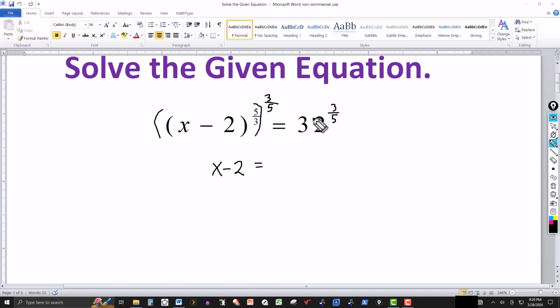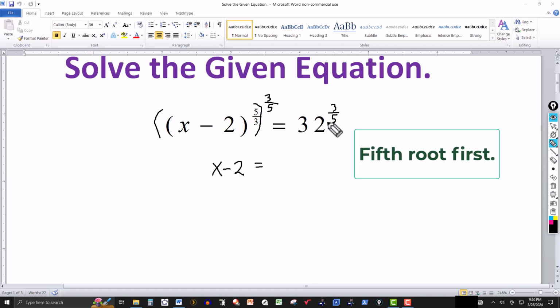Now on the right side we have a numerical base here. So we can use one of the methods I just went over. I can take the 5th root of 32 and then cube it. Or I can cube the 32 and then take the 5th root. Those are just 2 of the ways that we went over. I prefer to take the 5th root of 32, which is 2.